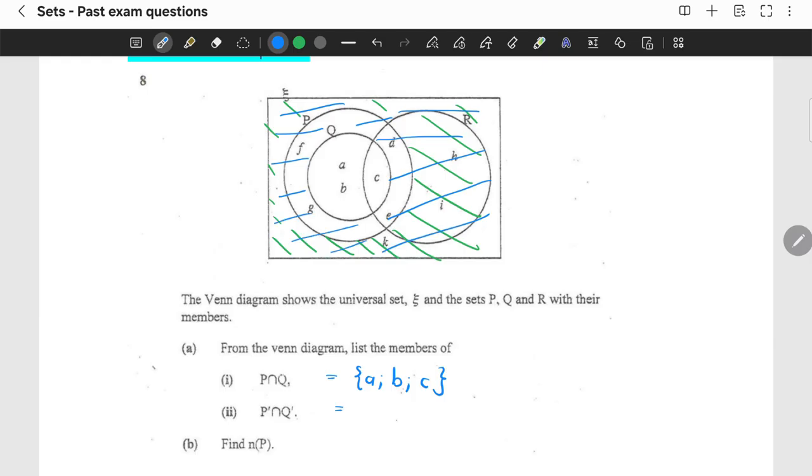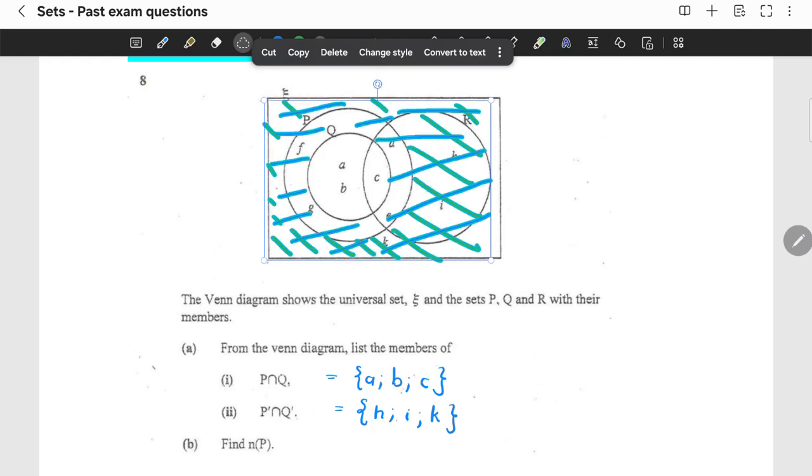Now we are asking, where do those two intersect, right? So that's going to be everything, including H, I, and K, right?